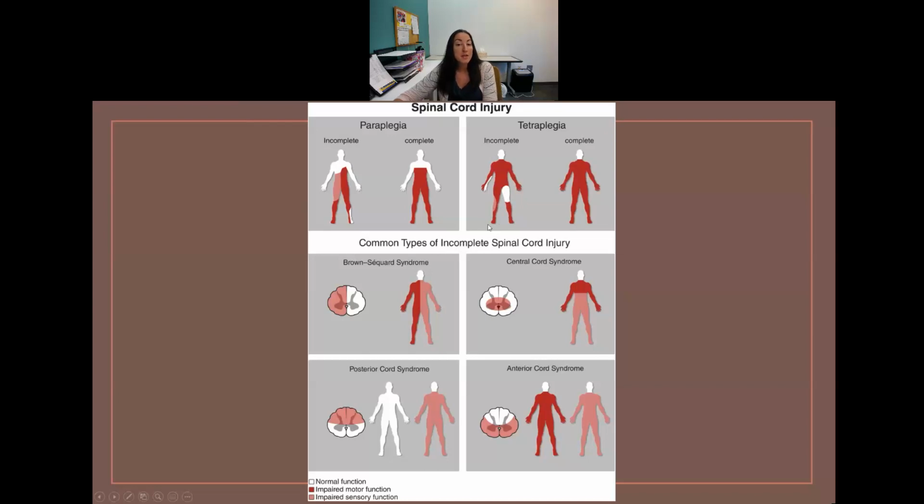With Brown-Séquard syndrome, you lose motor function on the same side as the injury and sensation on the opposite side. With central cord, primarily the arms are affected and you lose motor and sensation in the arms, but just sensation throughout the trunk and possibly the legs.